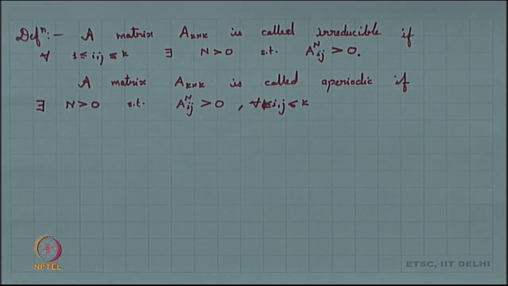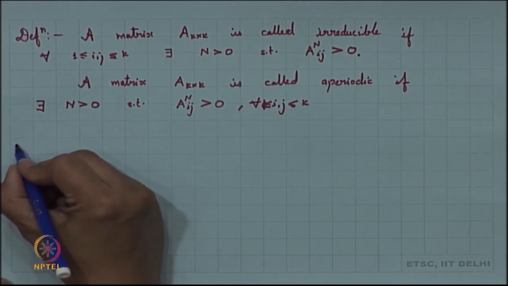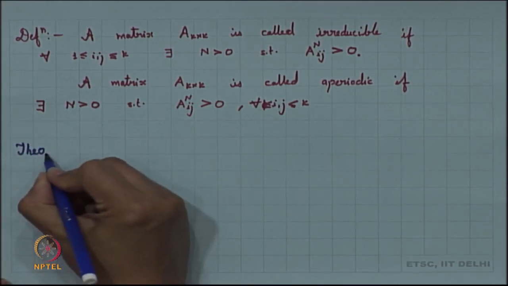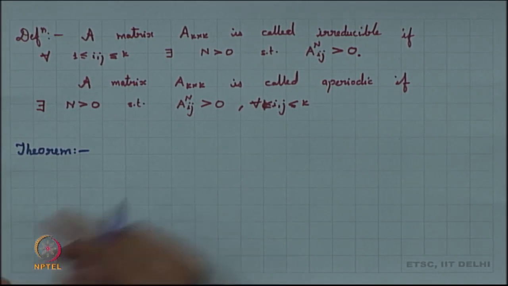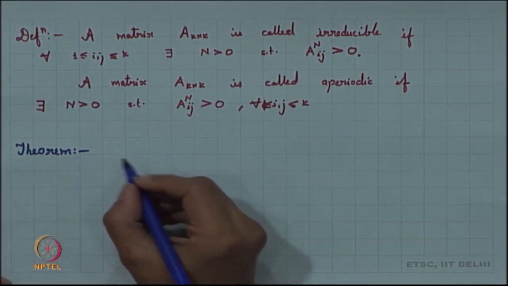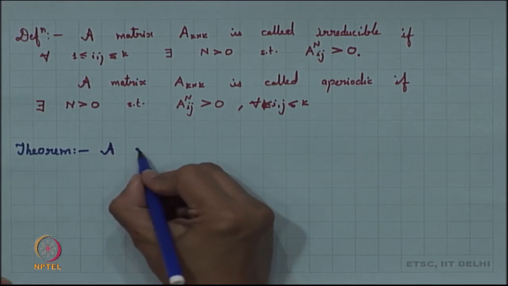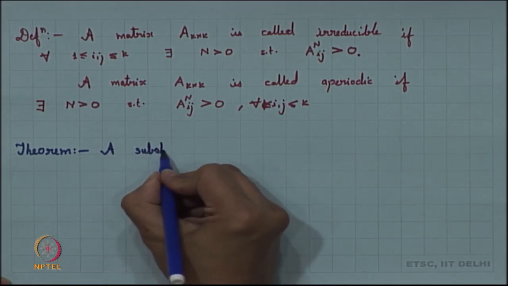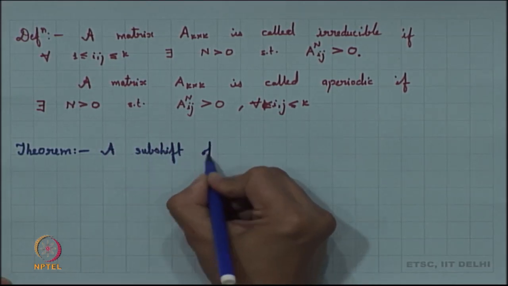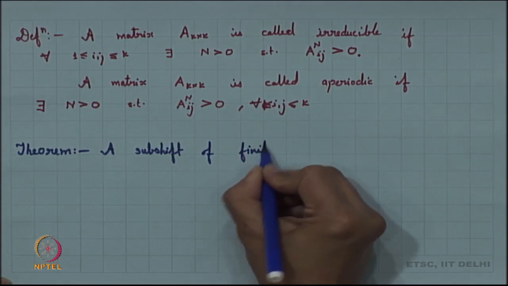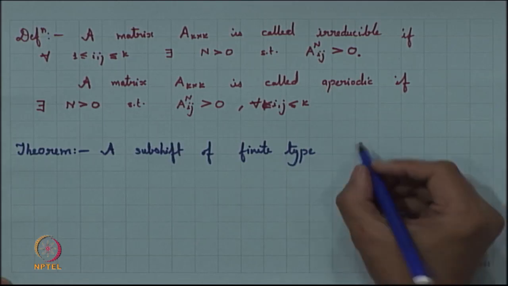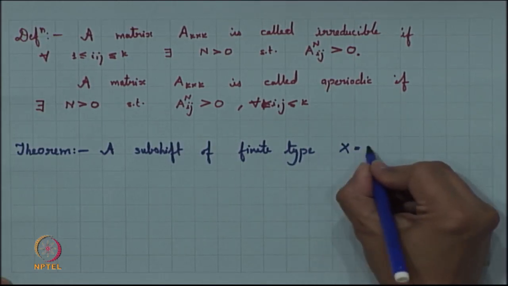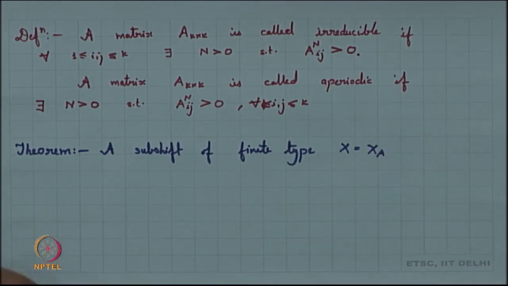And now we have a theorem. Now, the theorem says that a subshift of finite type, now we know that a subshift of finite type can be described in terms of a matrix.